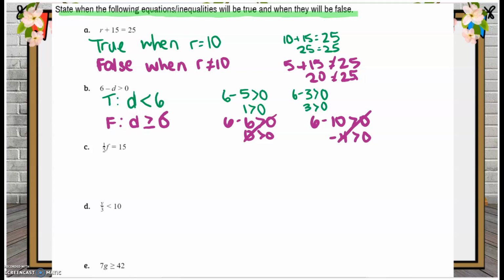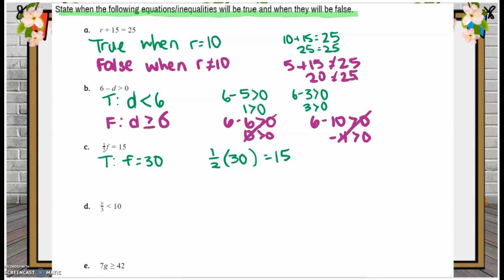Let's look at letter C. 1/2 times f equals 15. So this statement is true if f is 30. For example, let's go ahead and solve that. 1/2 times 30, is that equal to 15?